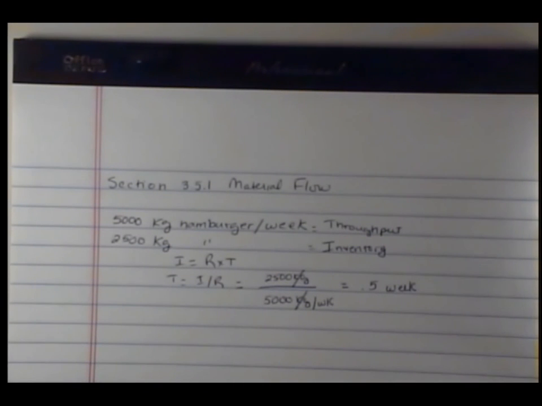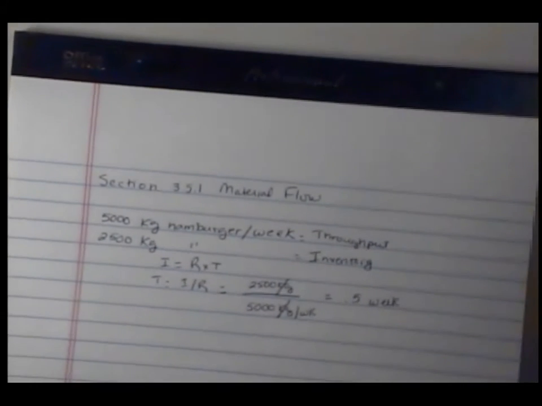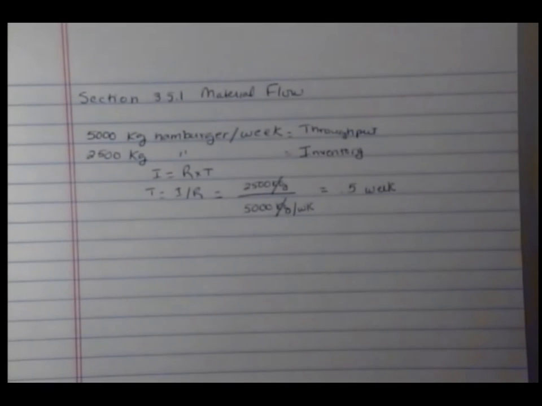What we're saying with that is from the time that we get our inventory of hamburger in until the time that we use it, it's half a week. If you owned a restaurant, would that be helpful to know? I knew 2 of the 3, so I was able to do that.